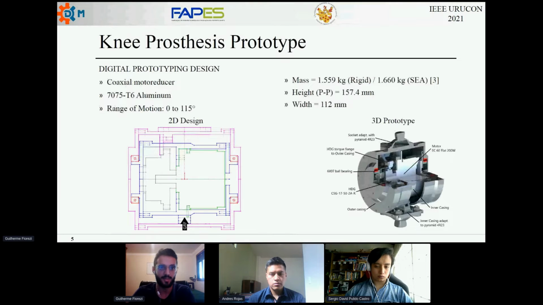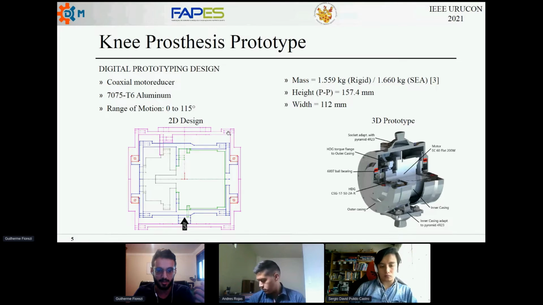For the digital prototype of the knee prosthesis, we took two steps. The first one was to draw 2D sketches to analyze, for example, the location of the bearings here in red, and also to see the connections between the parts, as can be seen from these lines here and this one, for example.